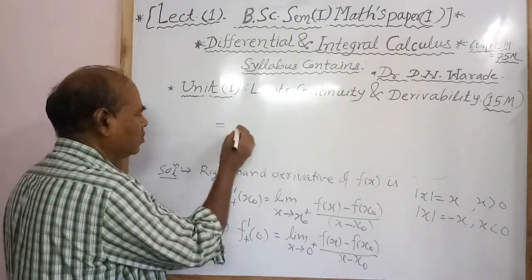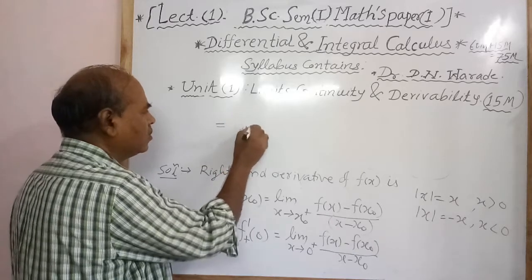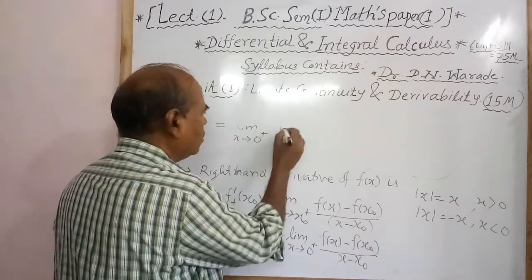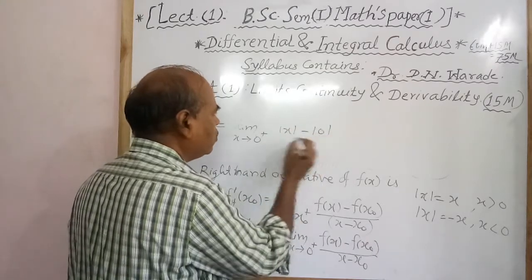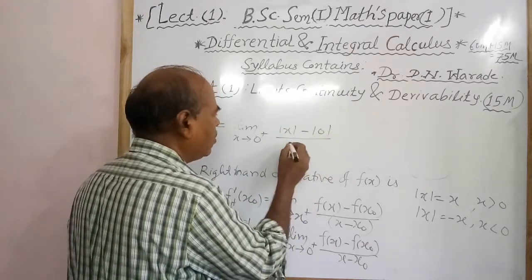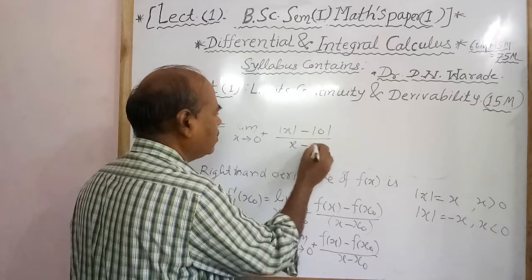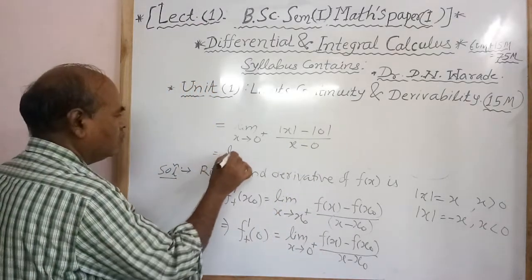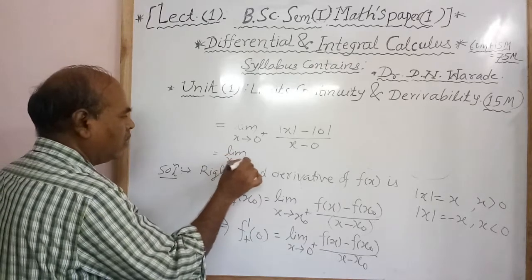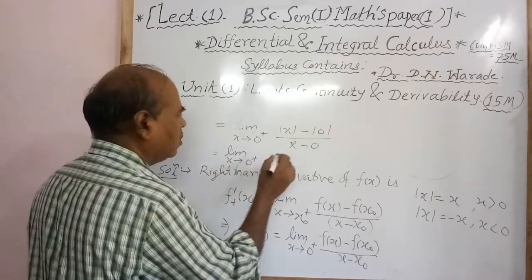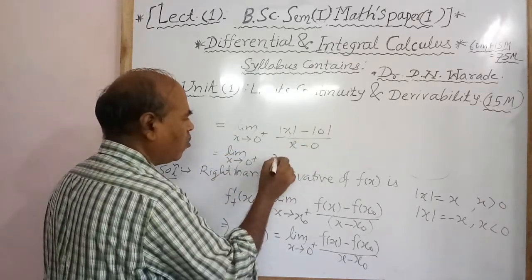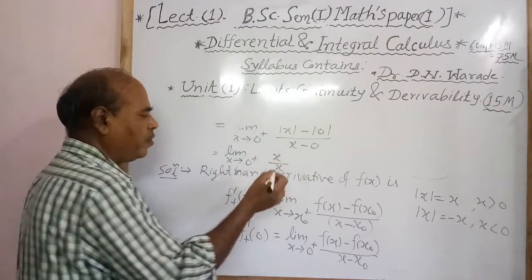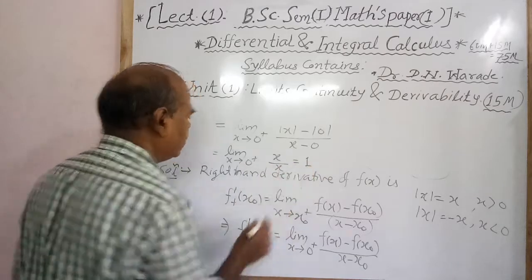Now I put the value of the function by equation 1. Therefore, limit x tending to 0 plus of mod of x minus mod of 0 divided by x minus 0. Therefore, limit x tending to 0 plus, for positive value we have mod of x equal to x divided by x, and the ratio of x by x we get 1.